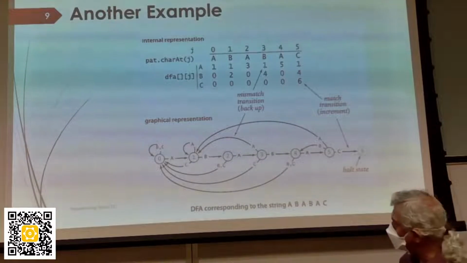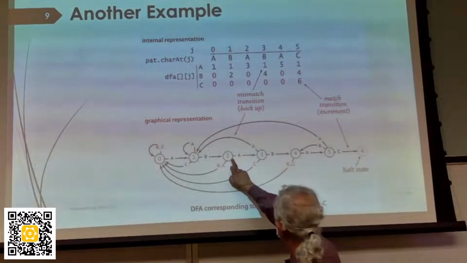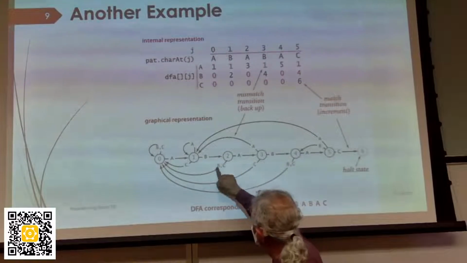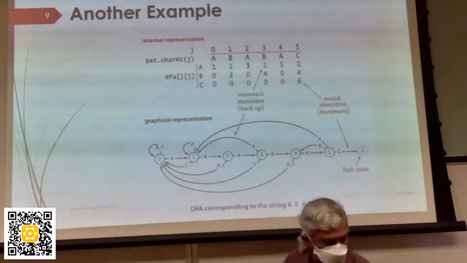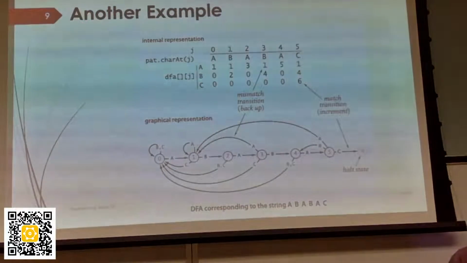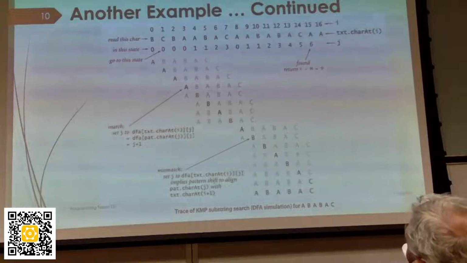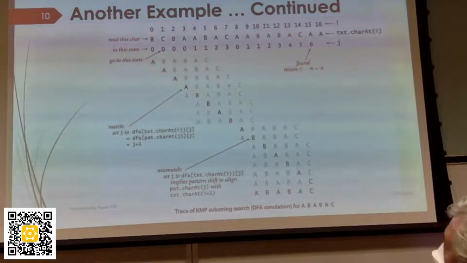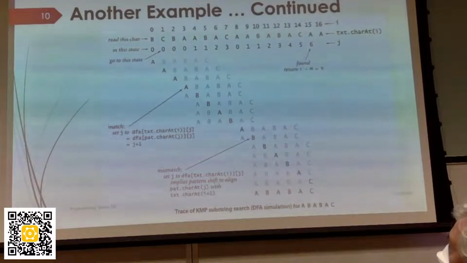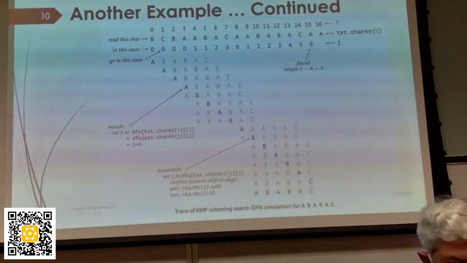So A, B, A. A takes me there. B or C should have taken me to 0. So why did it go to 3 then? That should have been 0. So I think that's a typo.